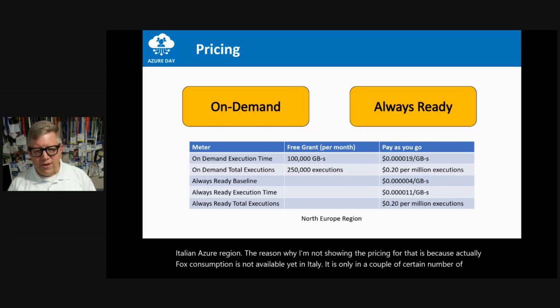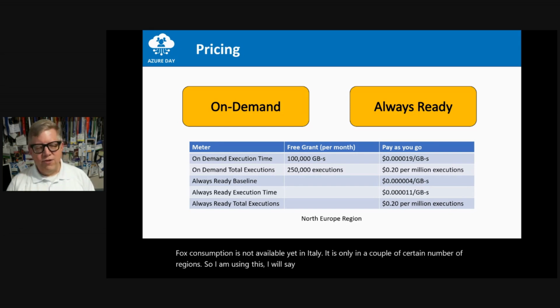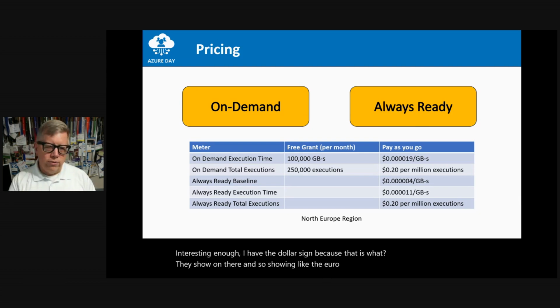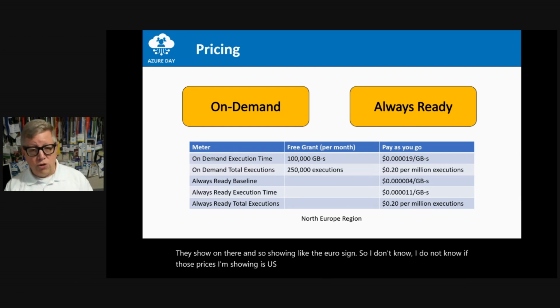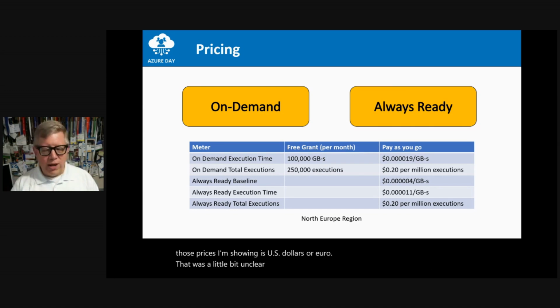So I am using this. This is the pricing coming from the Microsoft page. Interestingly enough, I have the dollar sign because that is what they show on there instead of the euro sign, so I do not know if those prices are US dollars or euros. That was a little bit unclear, but we can get an idea here, right?